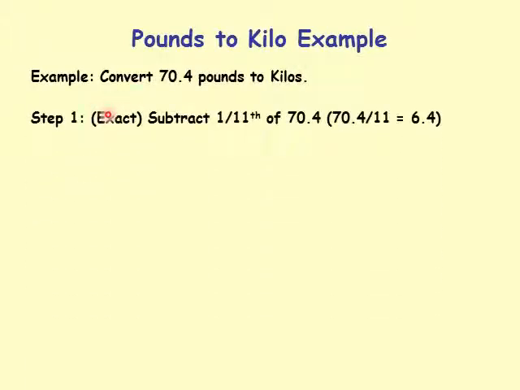Let's consider an example of converting from pounds to kilos. Let's do the same example here. Let's convert back 70.4 pounds to kilos. Reversal method. For exact calculation, we'll subtract an 11th of 70.4, and an 11th of 70.4 is 6.4.